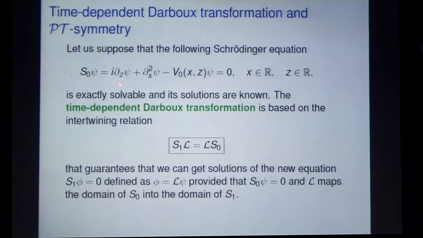In the propagation axis, we have only a partial derivative in z, and in the transverse axis, we have a second derivative. So it's a kind of a different behavior for these coordinates. So what we did is to use the time-dependent supersymmetry in the following way.